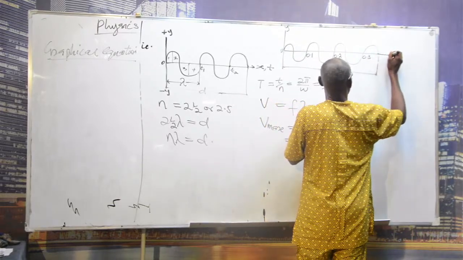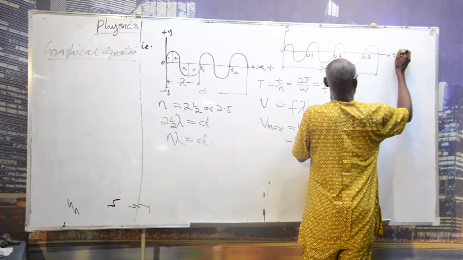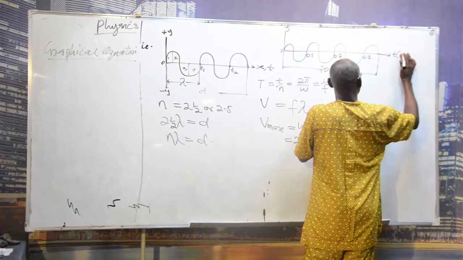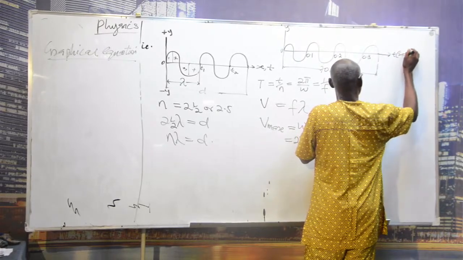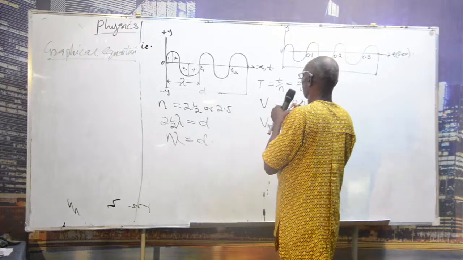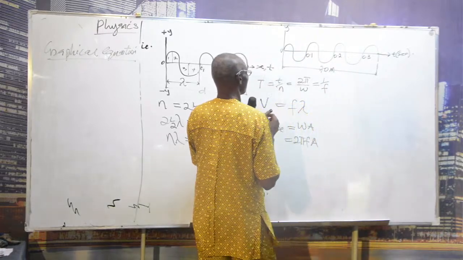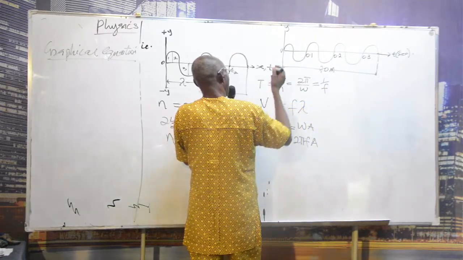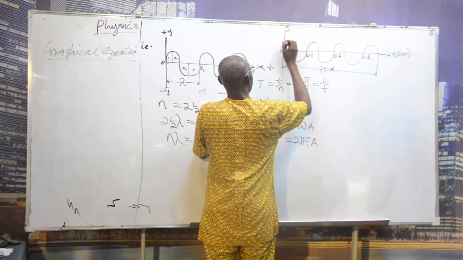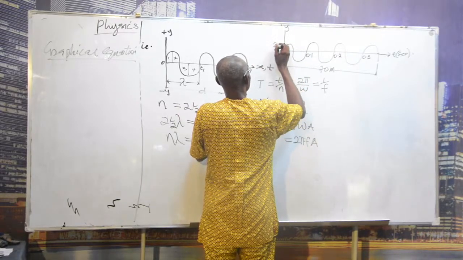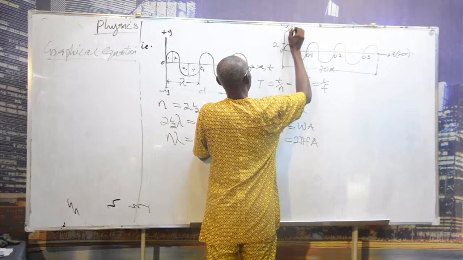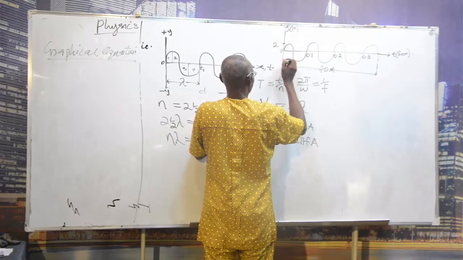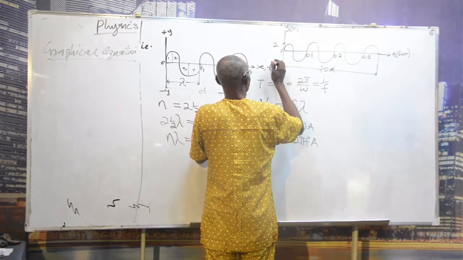And this place is written T in seconds. And on top here is marked 2. This Y is in meter. Below is marked -2.